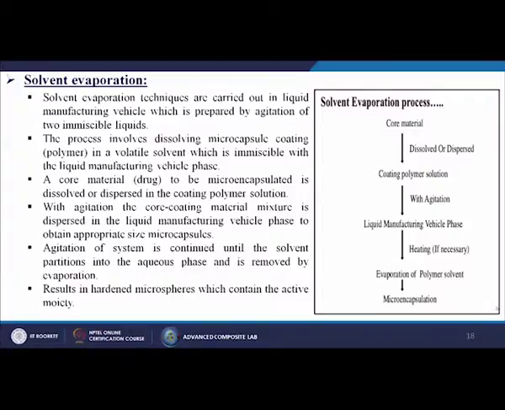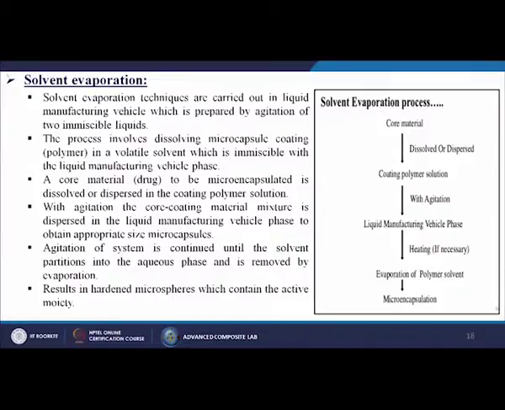A core material, generally a drug, to be microencapsulated is dissolved or dispersed in the coating polymer solution. With agitation, the core coating material mixture is dispersed in the liquid manufacturing vehicle phase to obtain appropriate size microcapsules. Agitation of the system is continued until the solvent portion partitions into the aqueous phase and is removed by evaporation. The result is hardened microspheres which contain the active moiety.